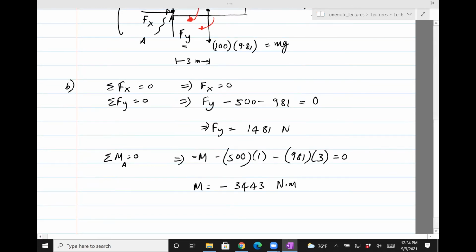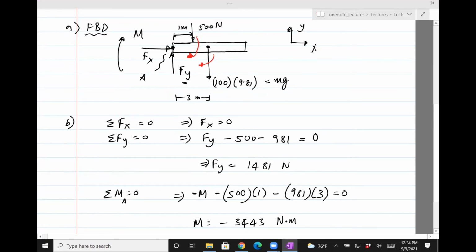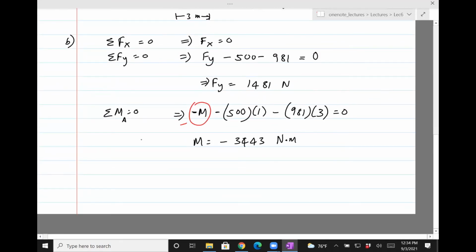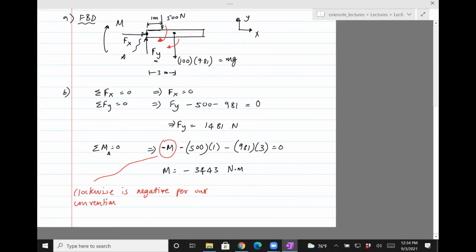Okay, minus M is because clockwise is negative for our convention. Okay, you could totally start assuming it to be counterclockwise and you should be fine.